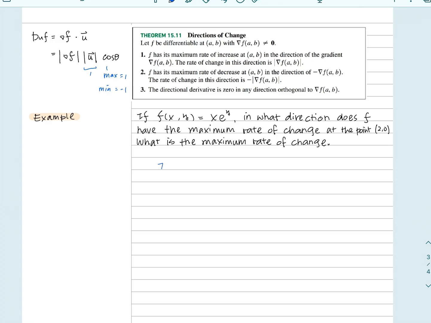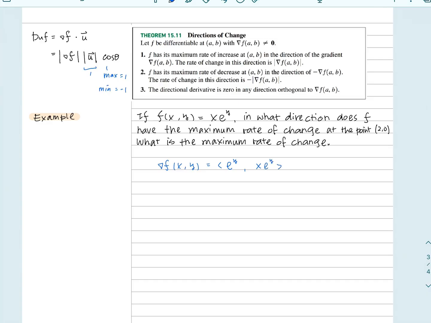So del f at any point, that's the partial derivative with respect to x first. So that's e to y. And then now differentiate it with respect to y. So x is a constant, then that's x times e to the y power. So this is the gradient vector.